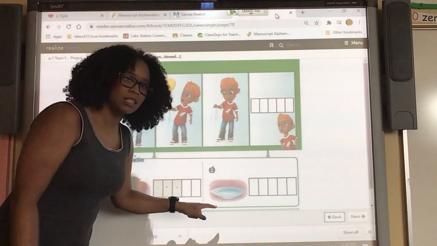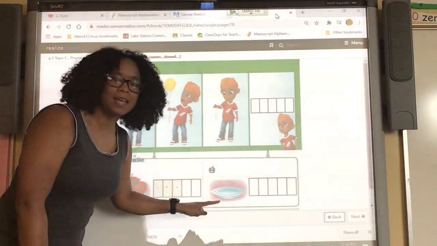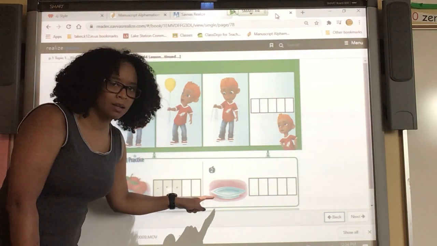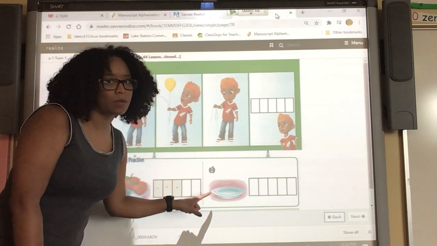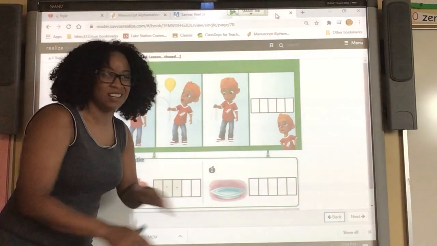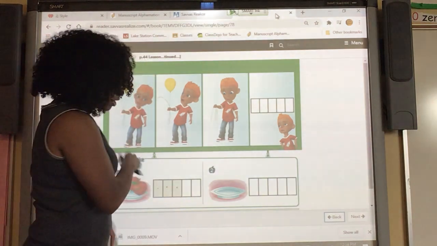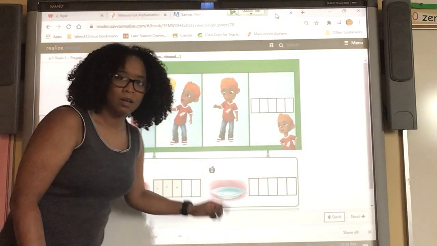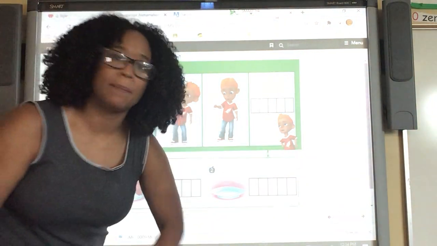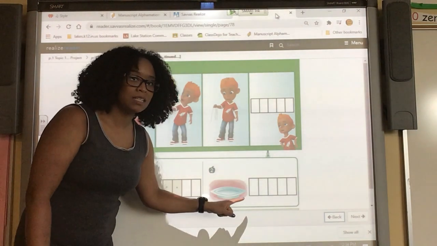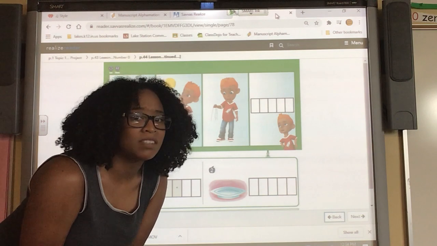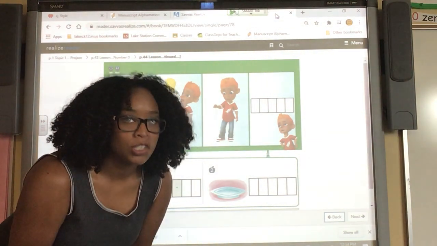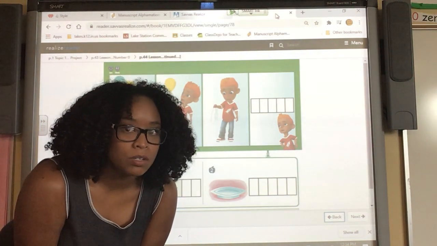Now let's go over here to this plate. Do we see any apples on this plate? No. So what number apples do we have? Since there's nothing, nada, zilch, not a thing. How many apples do we have? We have 0 apples. Let's check to see if they colored in the correct amount of rectangles. Now, since they have 0 apples, should they have colored in any rectangles?